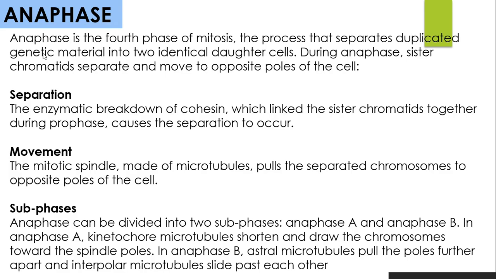So in anaphase A, they're shortening the kinetochore microtubules and drawing the centromeres to the spindle poles. In anaphase B, interpolar microtubules are sliding past each other, but astral microtubules pull the poles further apart, right?